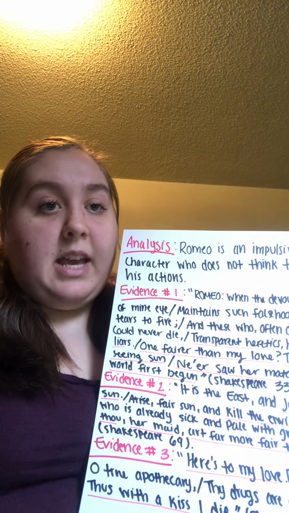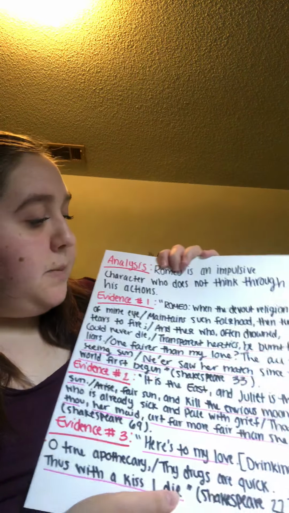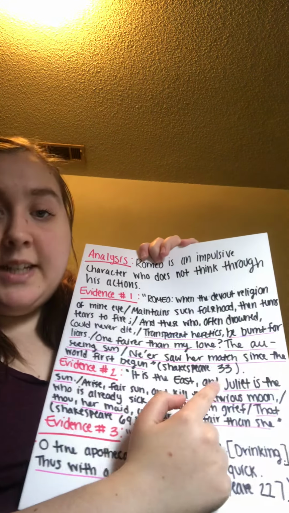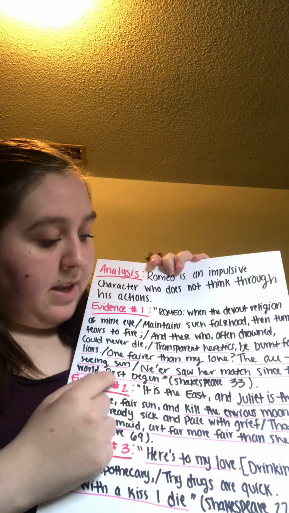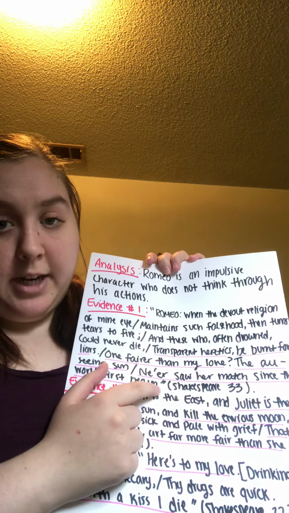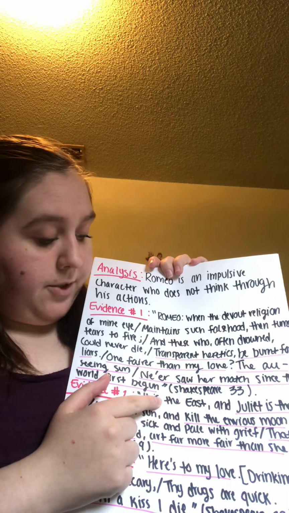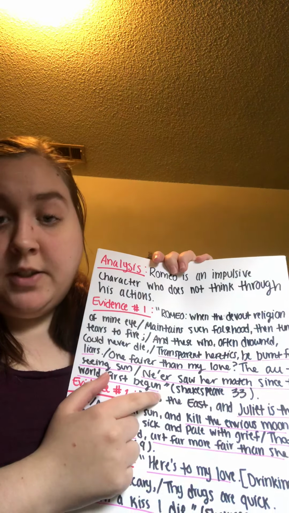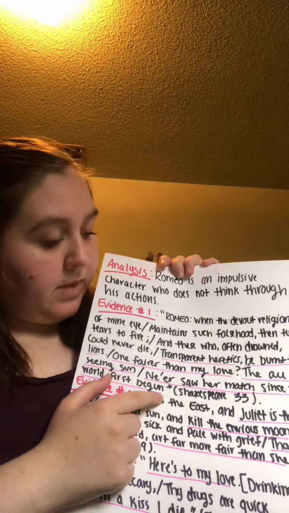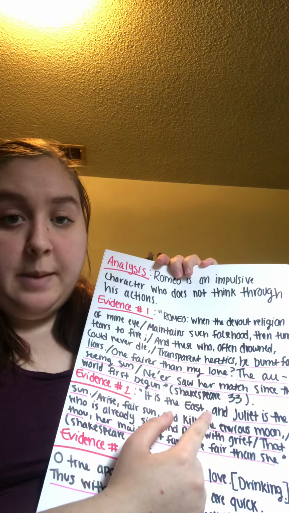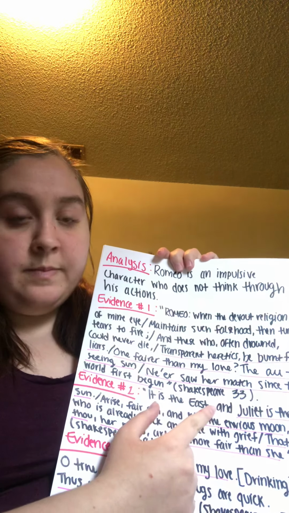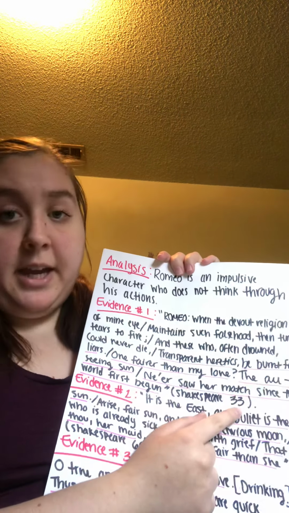Okay. And right here is where I'm going to explain to you the in-text citation. So what you do for an in-text citation is you have your end quote right here, no period after it. Even if there's a period in the text, you're not going to put any punctuation here. And then you have your first parenthesis, and then the author's last name, in this case Shakespeare, and then the page number.